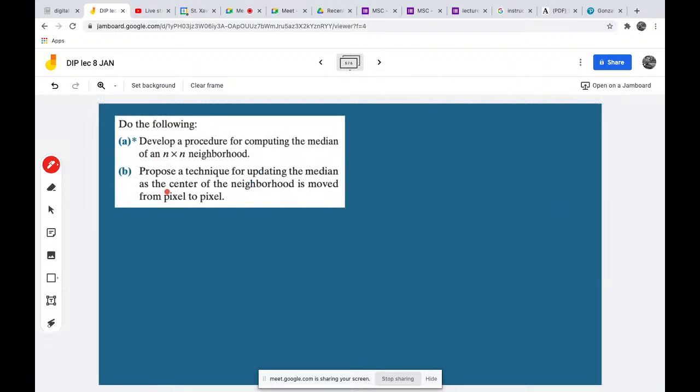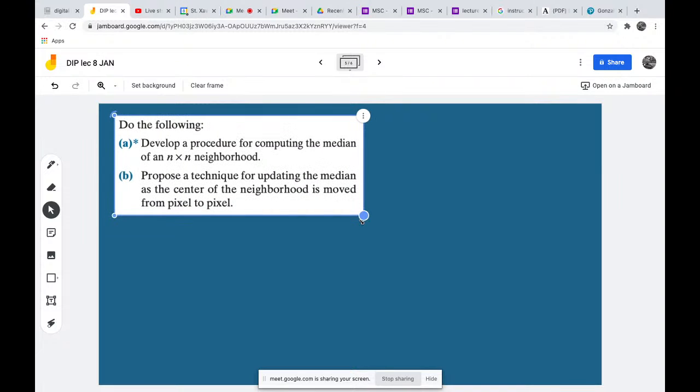Okay. Let's take another kind of question. Develop a procedure for computing the median of an n by n neighborhood. So an n by n neighborhood is given. You might be given any number. So you people think and tell me. I'm just writing an n by n neighborhood. I will write a simple 3 by 3 neighborhood.